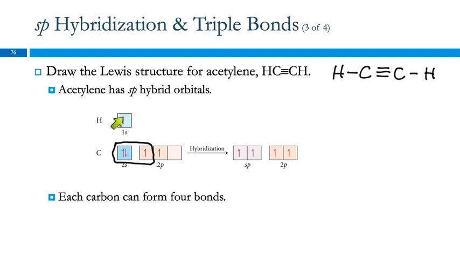Here we have hydrogen with a half-filled orbital, so we can get an overlap between the hydrogen and one of those hybrid orbitals. What we've got here is another carbon atom, and another hydrogen atom.